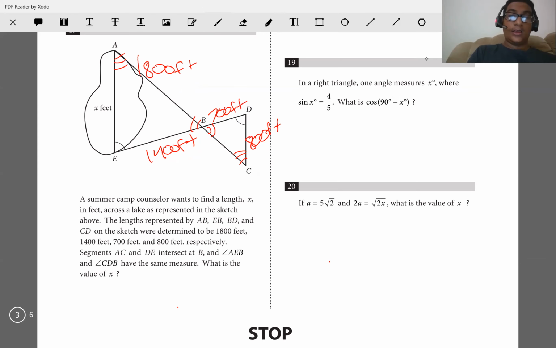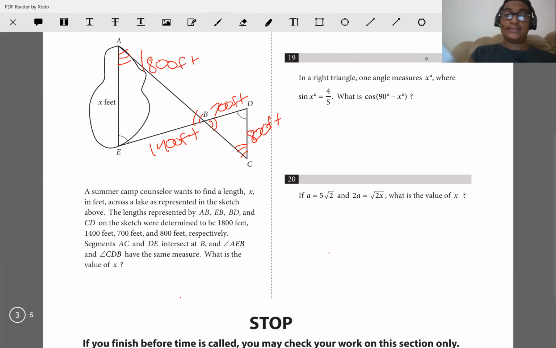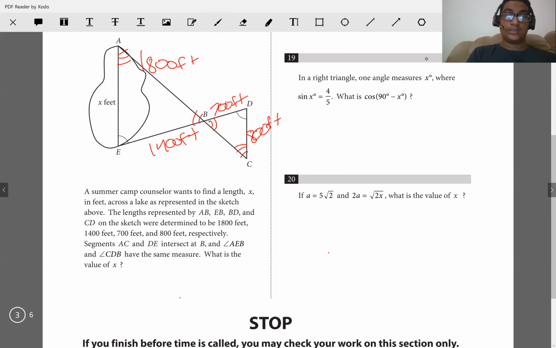Now we need to see which side length of the larger triangle correlates to the side length of the smaller triangle. The easiest way to do this is to keep track of how many of these angle measure markings you have. Right here, DB, that's one angle marking to two angle markings.